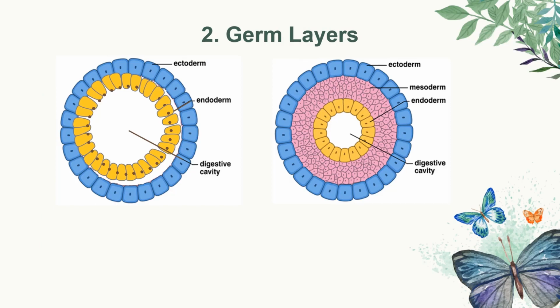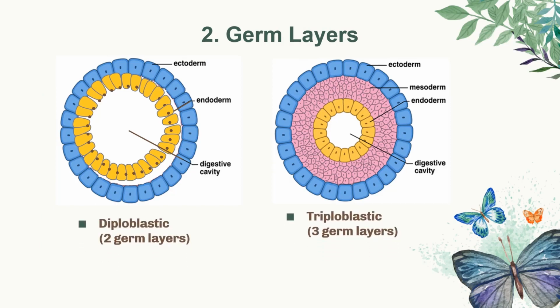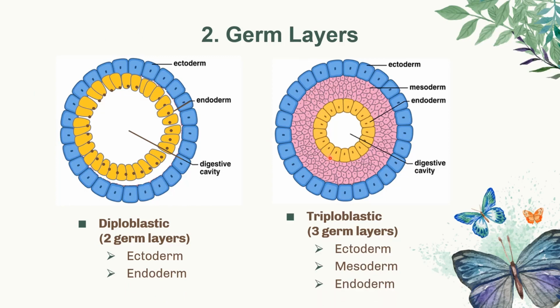Germ layers, on the other hand, are either diploblastic or triploblastic. Diploblastic has 2 germ layers, while triploblastic has 3 germ layers. Diploblastic animals only contain an ectoderm and an endoderm, while triploblastic animals have ectoderm, mesoderm, and endoderm.